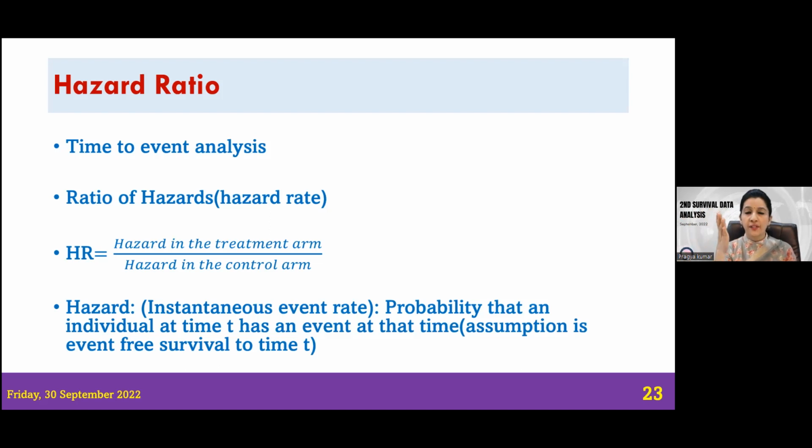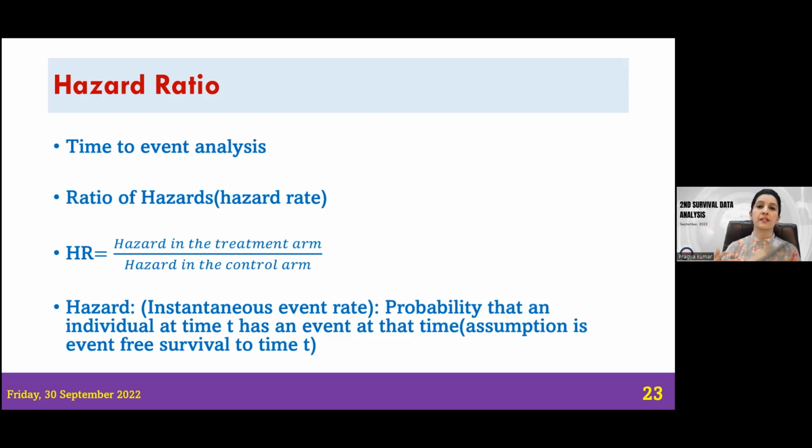So if I say that the hazard of a person on a particular day is 2%, that means if I have 100 people, 2 people have got that risk. So that is a plain hazard. When you do 1 minus that hazard, you calculate the probability. So there are three different terms: hazard, hazard rate, hazard ratio.